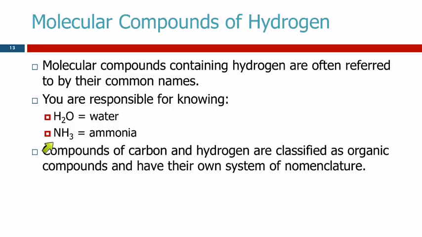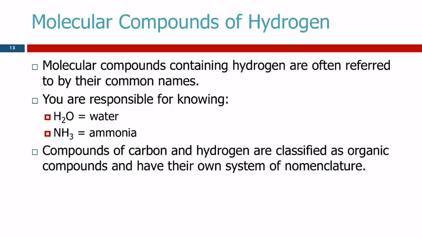And here's another molecular compound containing hydrogen that we do not call nitrogen trihydride. We call it ammonia. So you need to know those 2. In this compound, the hydrogen comes first, and in ammonia, it comes second. Why? Because it's hydrogen. Okay?